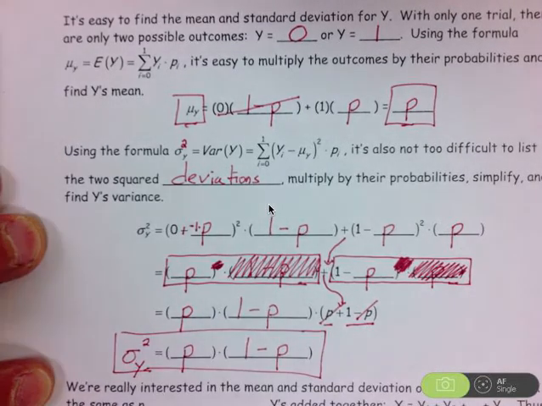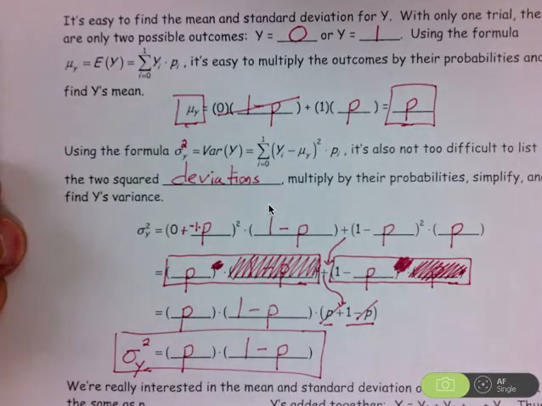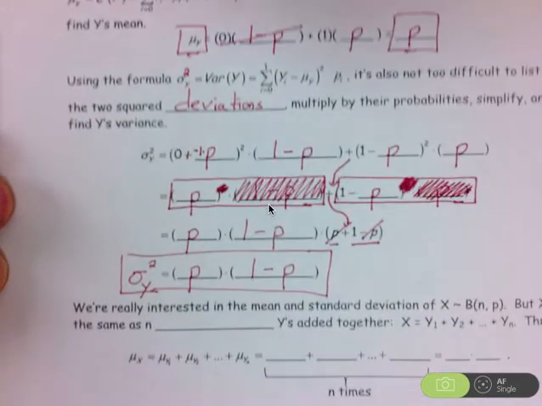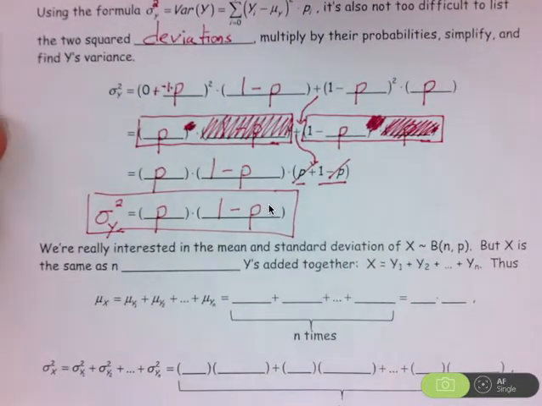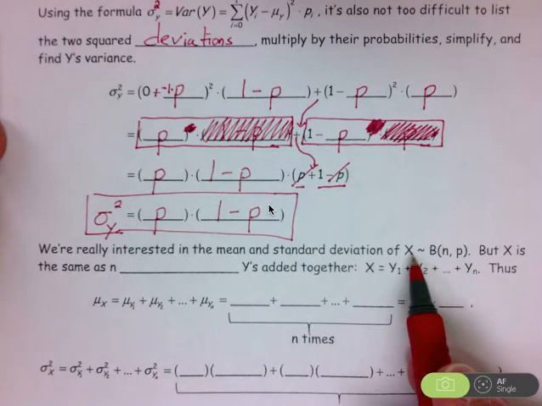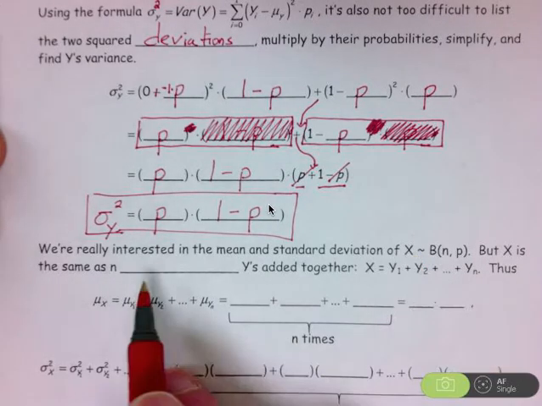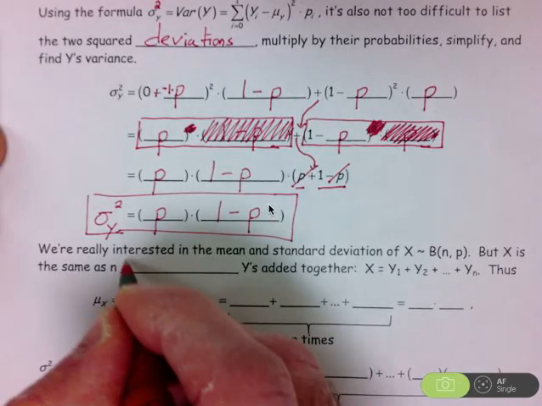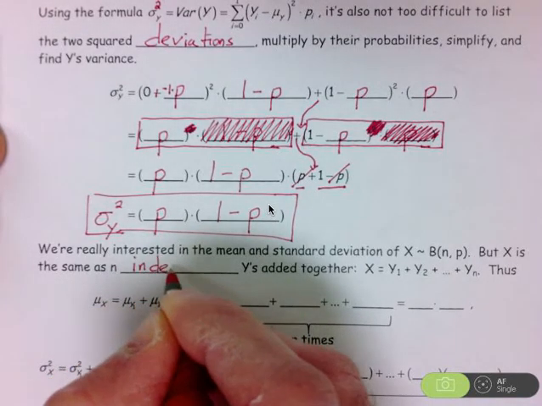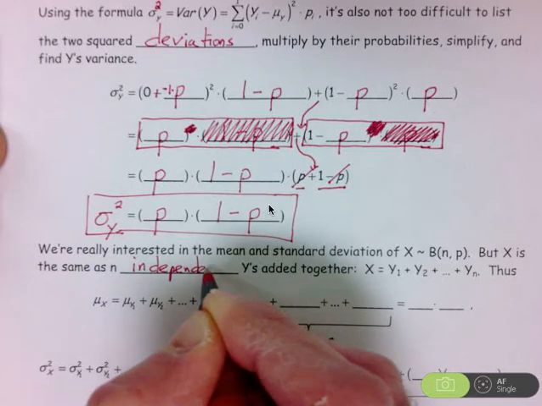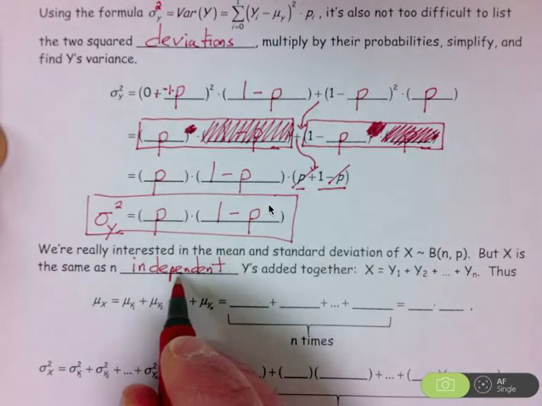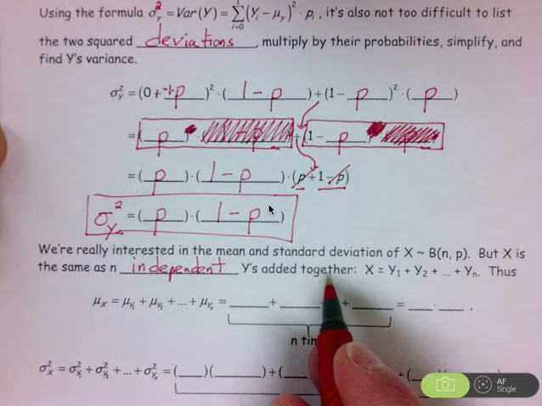So we're going to use these in order to build the mean and the variance and the standard deviation for x. So we're really interested in x, but notice that x is the same as n independent y's added together.